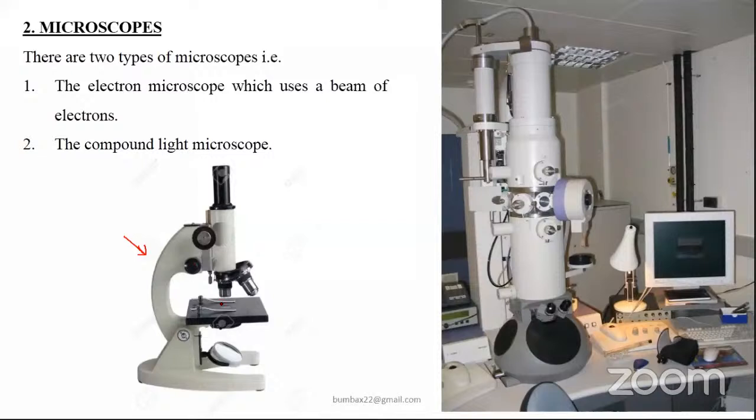But in summary, what you must know is that the electron microscope parts are almost the same as this one. The difference is in how the image is prepared and how it is magnified. The electron microscope has a chamber that emits electrons. It's like there's a gun inside which shoots electrons that go through the specimen.